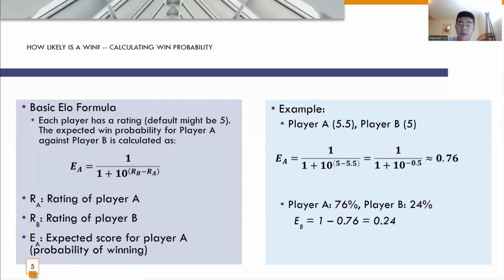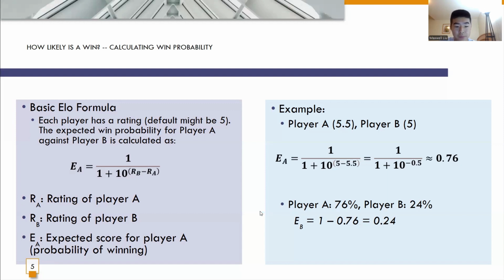they both started playing. So as an example, we can see that player A has a rating of 5.5 and player B's rating is 5. So to calculate the probability of winning for player A, we can use the formula from the left, 1 over 1 plus 10 to the R of B, this being the rating of player B this time, and 5 is the rating of player B, so we can use 5 for R of B, and player A's rating is 5.5 before the match, so we can do 5 minus 5.5, and this would get us 0.76, which converts to a 76% chance of player A winning.